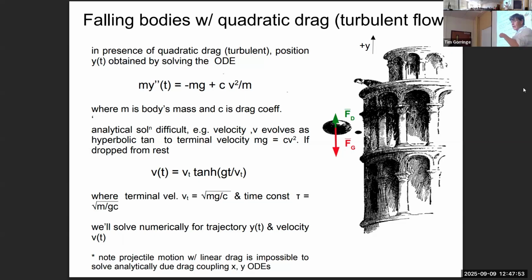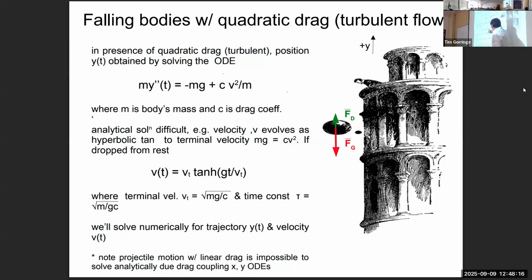Again, it's a comparison between the gravitational force, so the greater the mass, the higher the terminal velocity, and the quadratic drag force. The greater the quadratic drag coefficient C, the lower the terminal velocity. So it's the same sort of comparison.